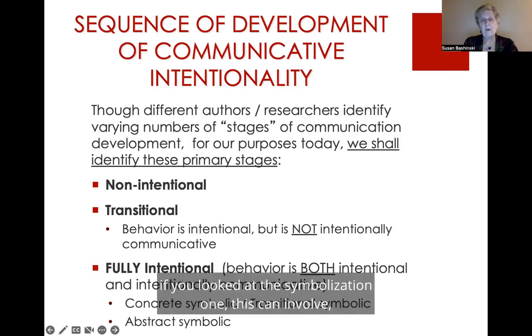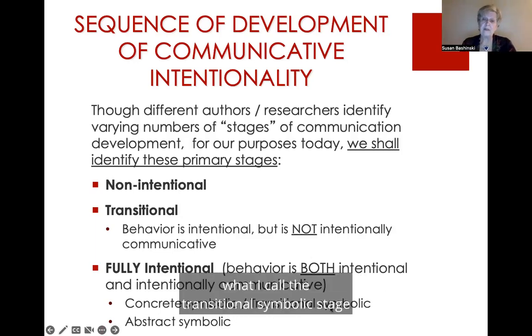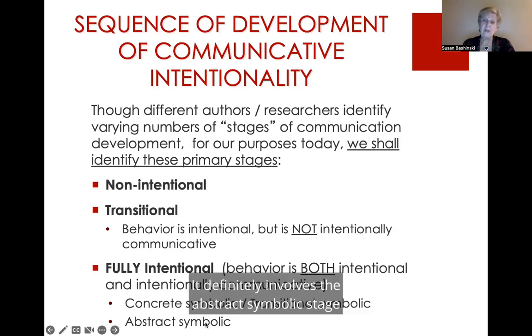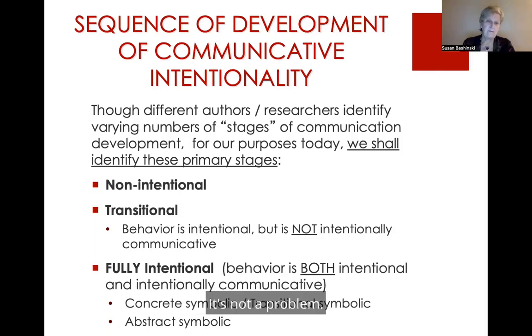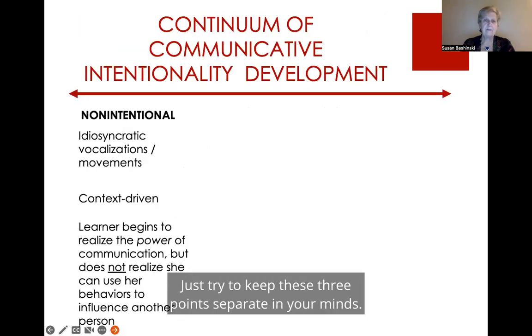And again, if you looked at the symbolization one, this fully intentional stage can involve what I call the transitional symbolic stage and the abstract symbolic stage. It definitely involves the abstract symbolic stage and sometimes this one. And if you're not aware of that, don't worry about it. It's not a problem. Just try to keep these 3 points separate in your minds.